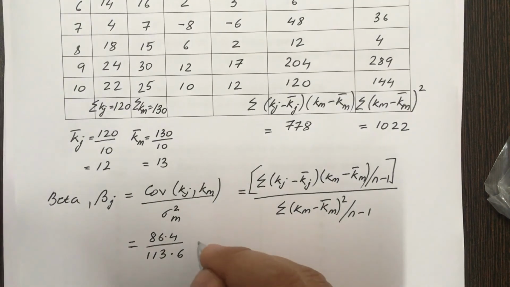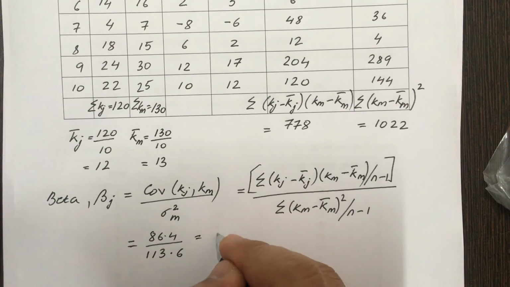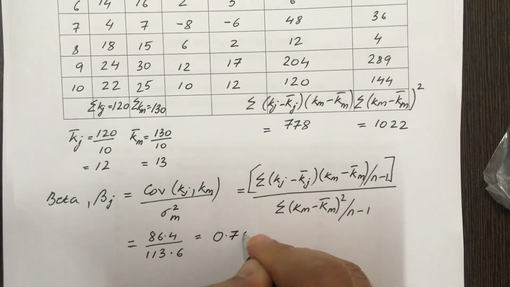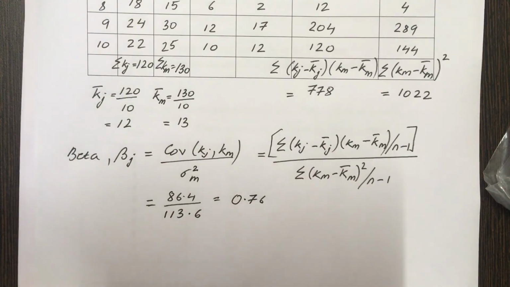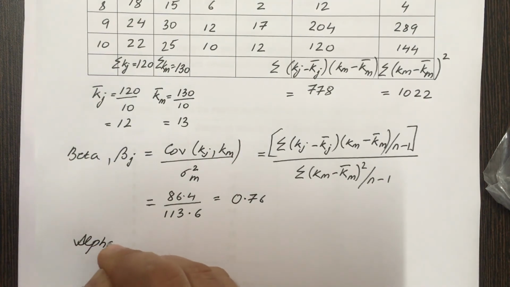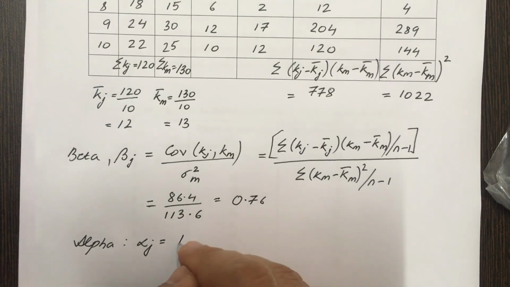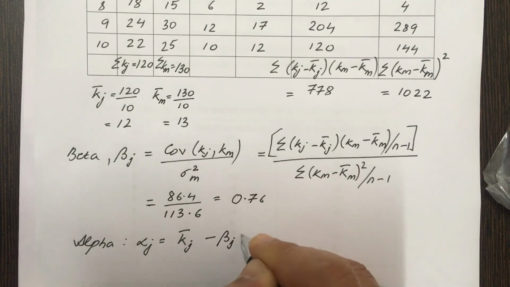All right, so 86.4 divided by 113.6, that equals to 0.76. So that is your beta. All right, then we have to find out the intercept term, alpha, and alpha is nothing but, that is a sign for alpha, and you have to find out K bar j minus beta j into K bar m.